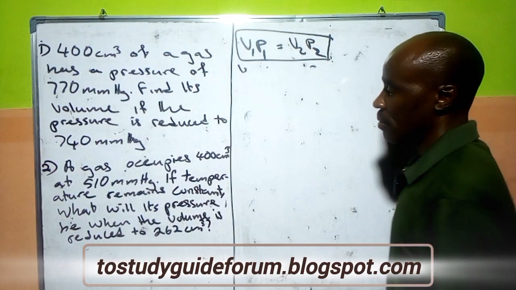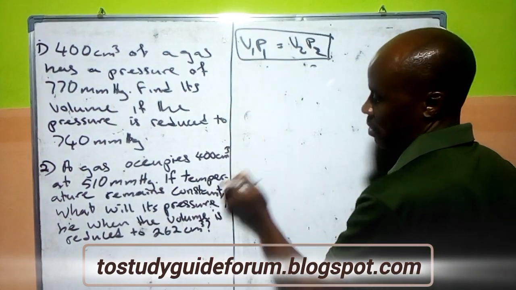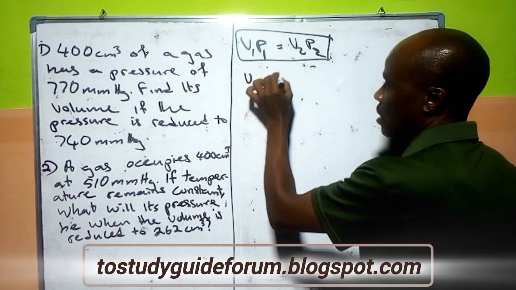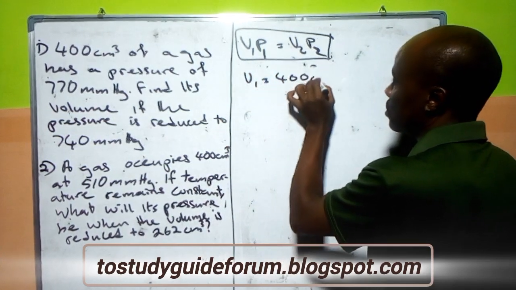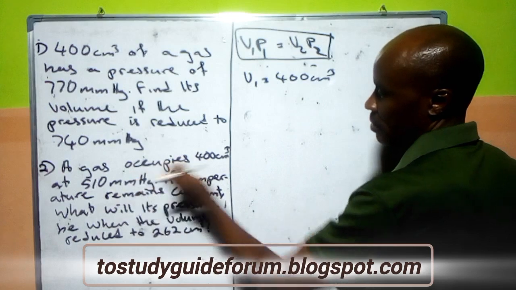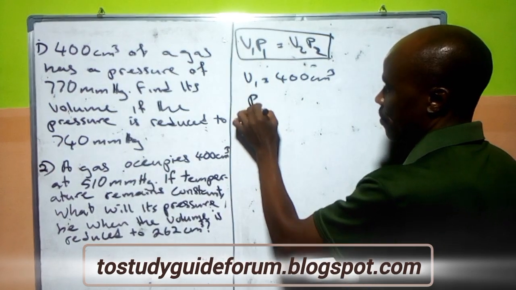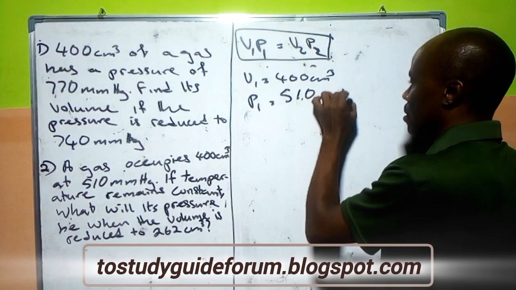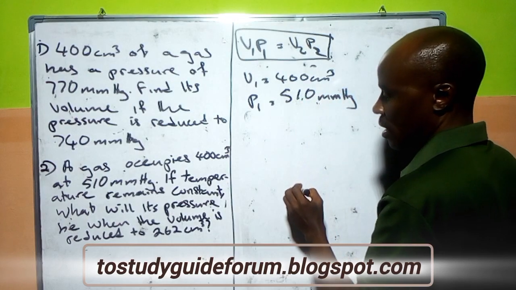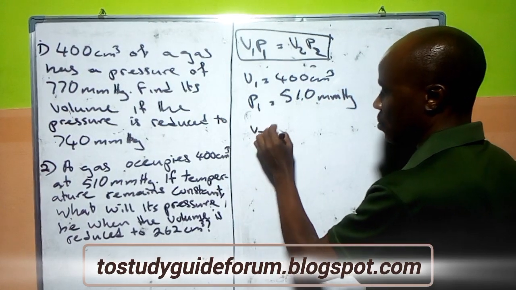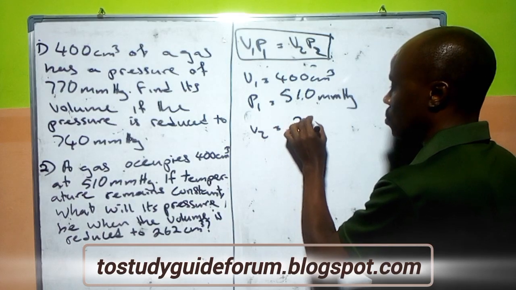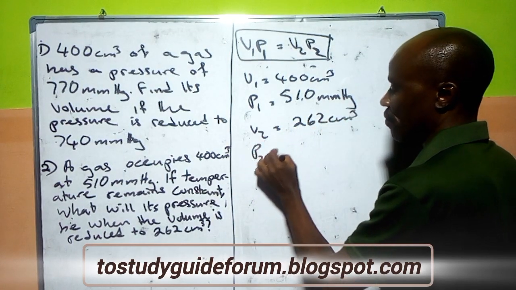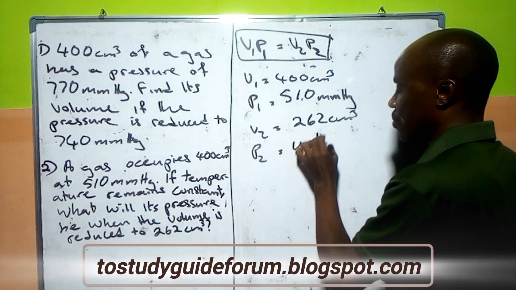The volume in this case, the V1, is still 400 cm cube, and the pressure there, the P1, is 510 millimeter mercury. And now the next volume, the V2, is 262 cm cube. In this case, we are looking for the pressure. Pressure is unknown.